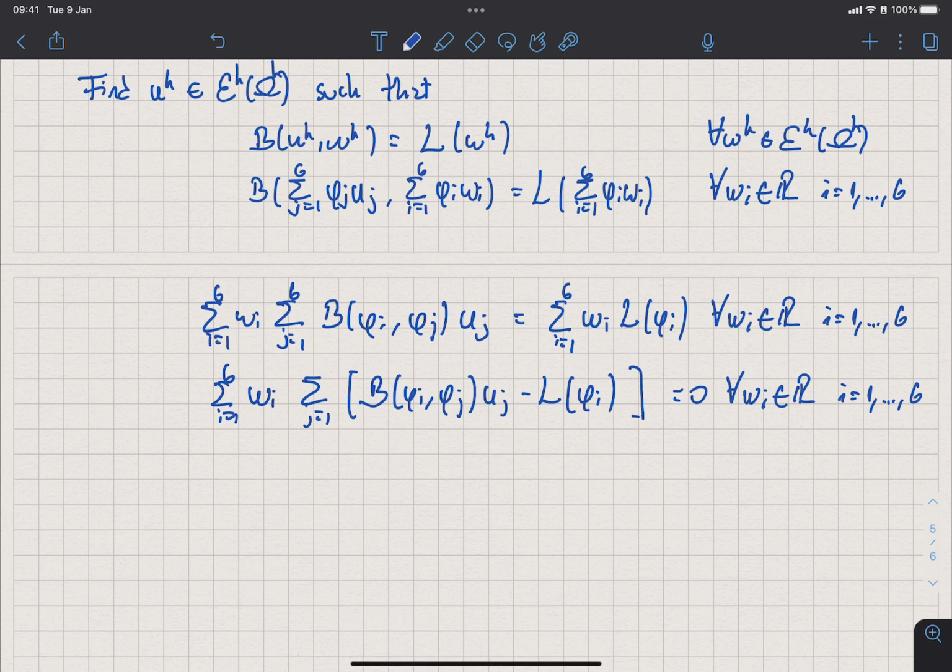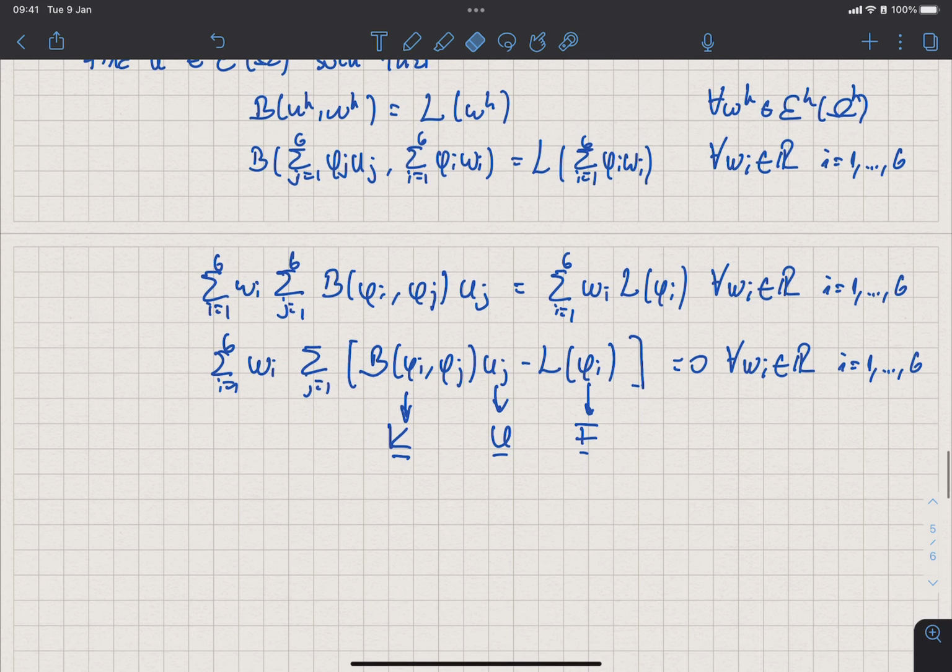So this essentially is going to translate into being my K matrix, and this here is going to lead to my force vector, and of course this is going to be my displacement vector. Okay, now of course you can take values of j equal to 1, and then you have one equation, right?